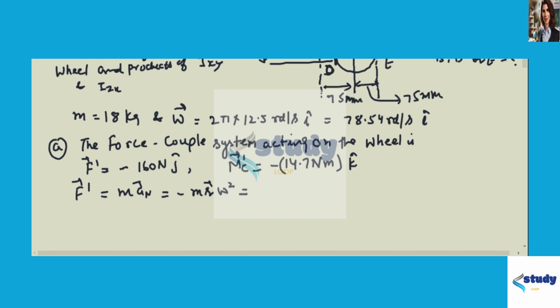So the R vector can be written as y j cap plus z k cap, equal to minus F upon M omega square.